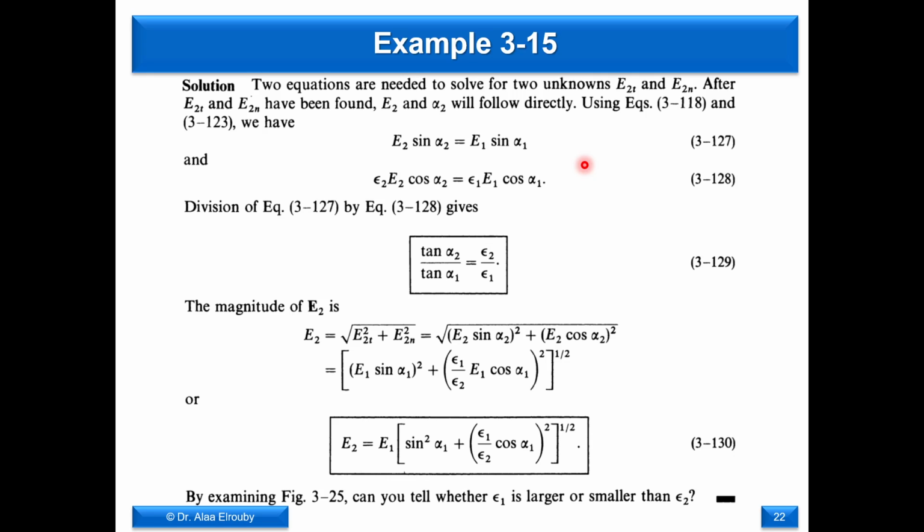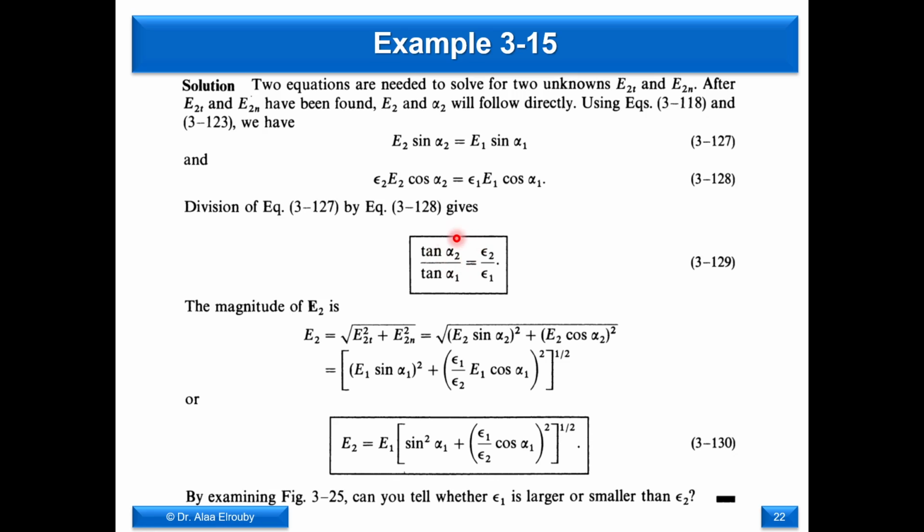In order to find the value, we can just divide the two equations. We'll have tan alpha 2 over tan alpha 1 equals epsilon 2 over epsilon 1. Epsilon 1 is given, epsilon 2 is given, alpha 1 is given, so the only unknown here is alpha 2.